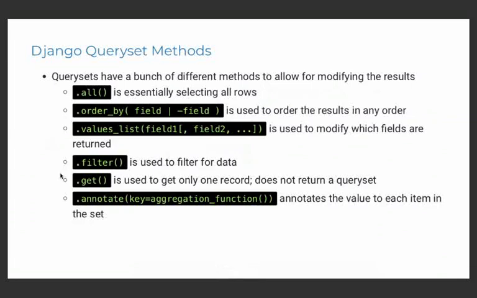So like I talked about before, we have a bunch of different methods for working with query sets. You have the .all method that selects all rows, the order by method to order any results, and it takes in a parameter, the field parameter, to say which field you are to order it by, the values list, where you basically put in all the fields you want separated by commas.